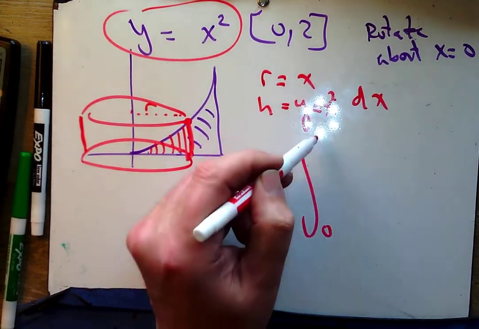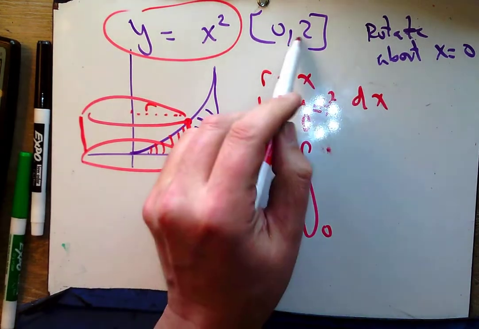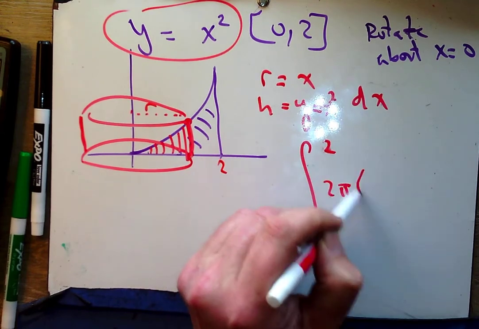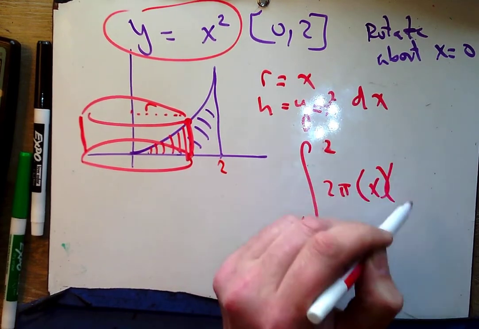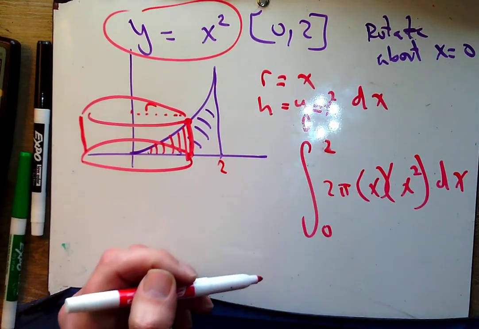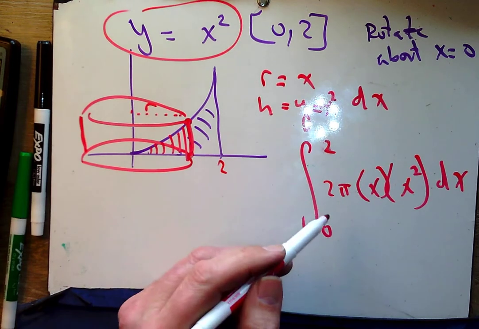So 0 to 2, it's just 2, yeah. 0 to 2 of 2 pi r h dx. I think that's it.